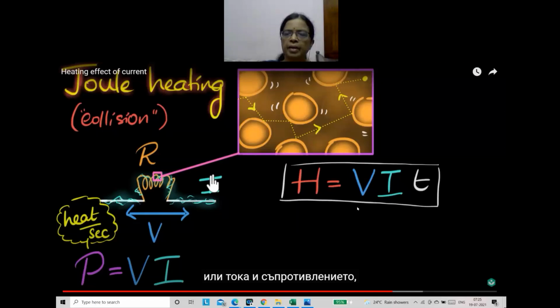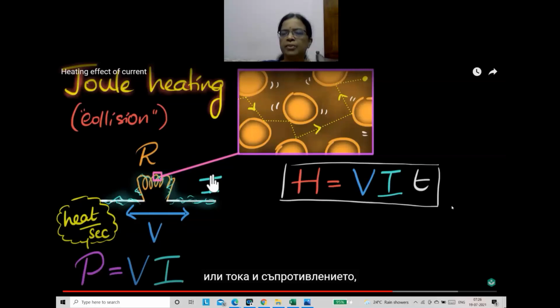When you substitute V equal to IR here, the formula becomes IR into I into T, which is I squared RT. So the heat produced is equal to I squared RT.